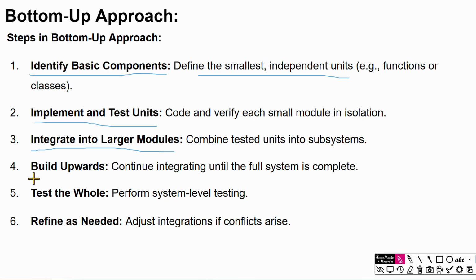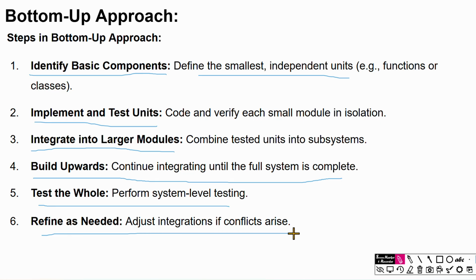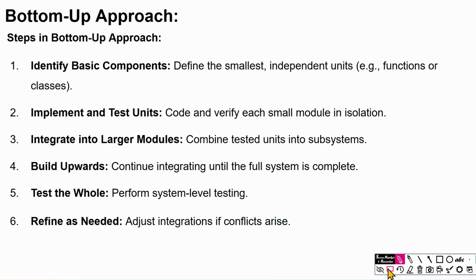Then we will be doing some refinement in the main program such that these subprograms integrate in an efficient way. Then we will test the main program. So after integration, we will have a complex problem, and that complex problem we will be testing. And if needed, we will be refining the subprograms and refining our main program. Okay, so that is our bottom-up approach.